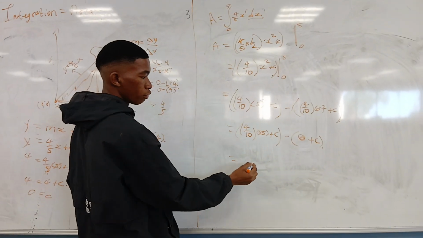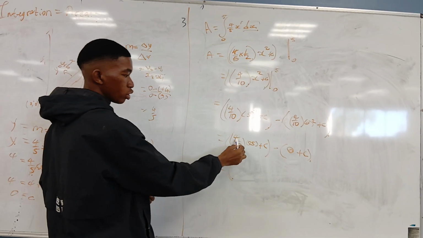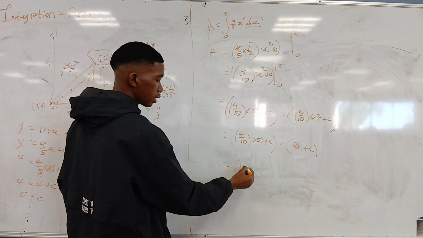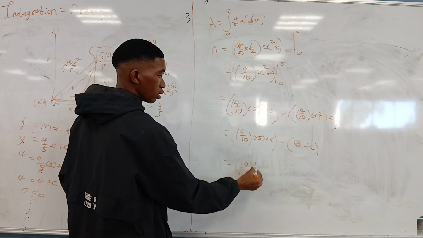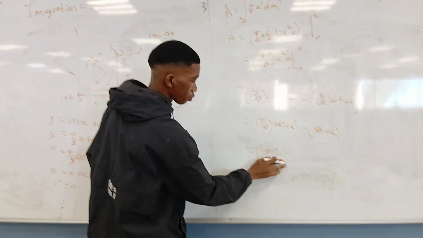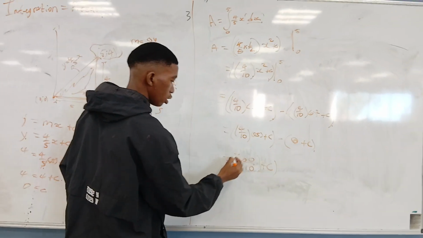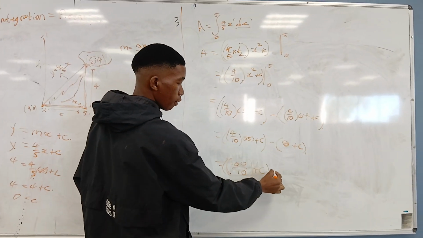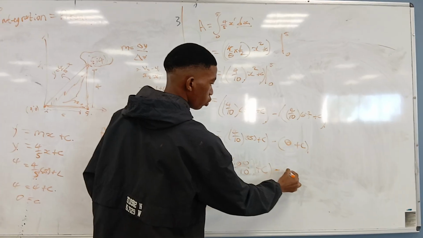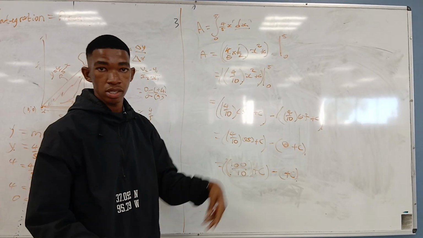In this bracket, we're going to find 25 multiplied by 4 is going to give us 100, divided by 10. Then you can close the bracket, then add your c, close the big bracket, and then subtract your c, because 0 plus c is just c.